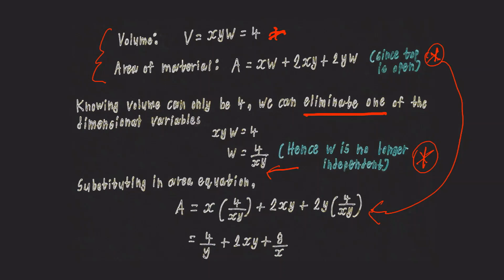After substitution, we get this equation here for the area of material used, the area of thin metal sheets used.